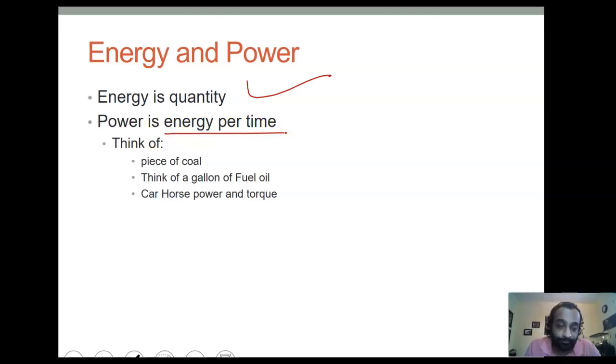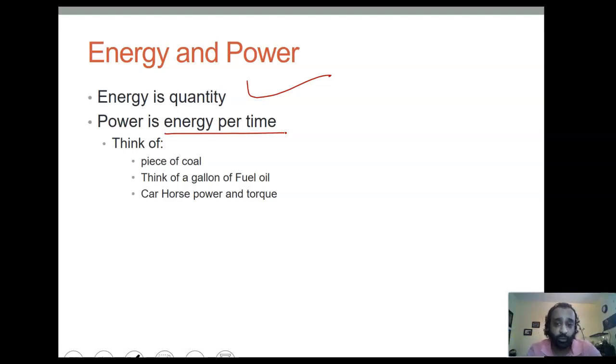Think of a piece of coal. A piece of coal is stored energy. When you burn it, you get the power. You release that energy. You can burn it in half an hour, or you can burn it in 15 minutes, depending on how much you fan it. So you can release it quick or slow, and get more power or less power over time.